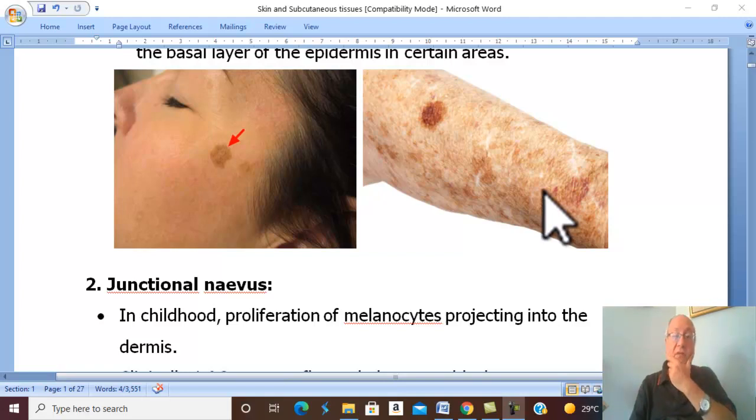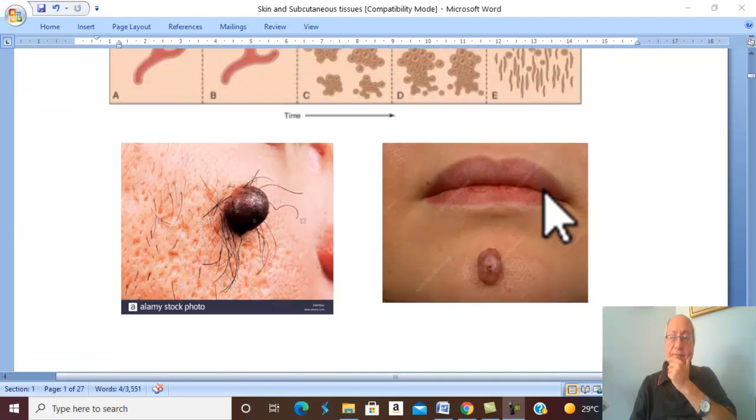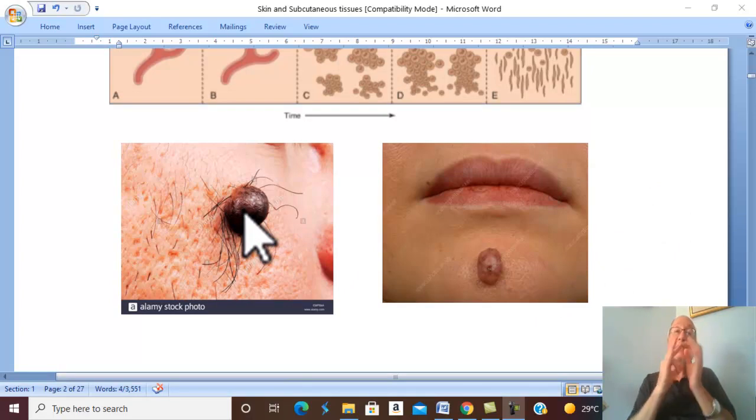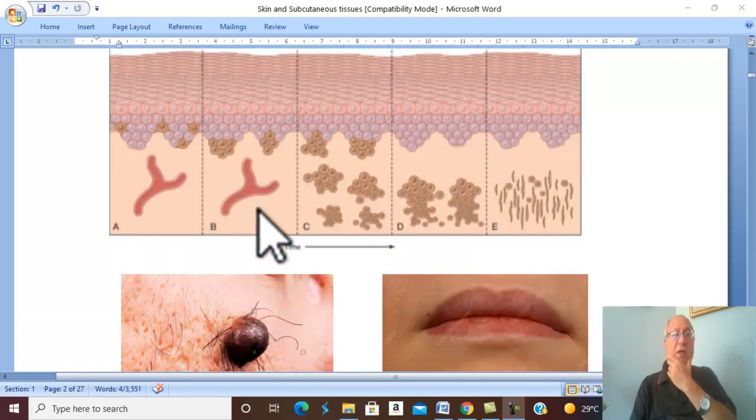The most famous lesion is this. What is this? This is called nevus. The nevus develops in 3 stages, from childhood to young adult to older adult and elderly people. In childhood, junctional nevus develops. What is the junctional nevus?